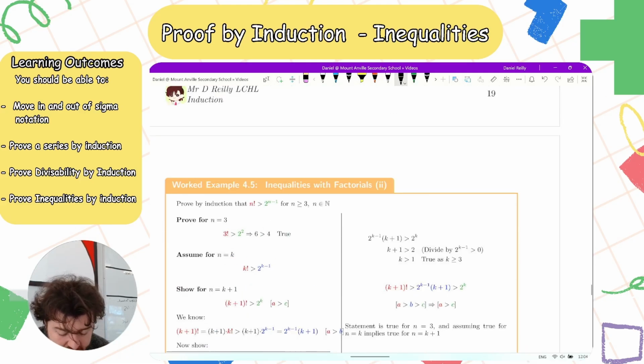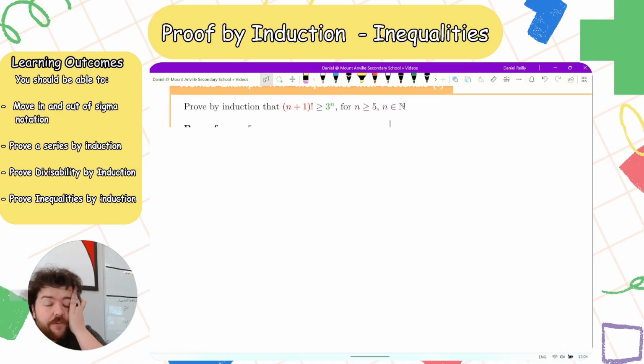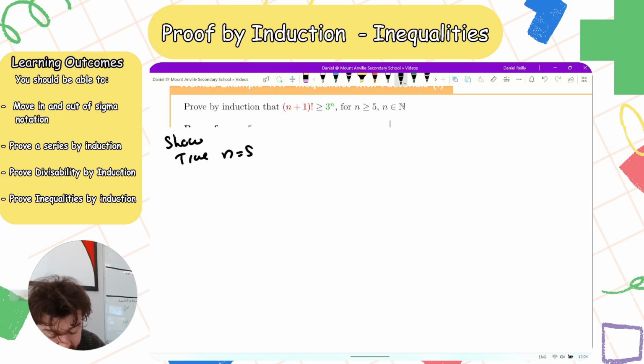And finally, last what I'm going to do here is we're doing a factorial. So prove by induction that (n + 1) factorial is greater than or equal to 3 to the power of n. Again, let's prove true for n equals the smallest value of n. The smallest value n could be is 5.